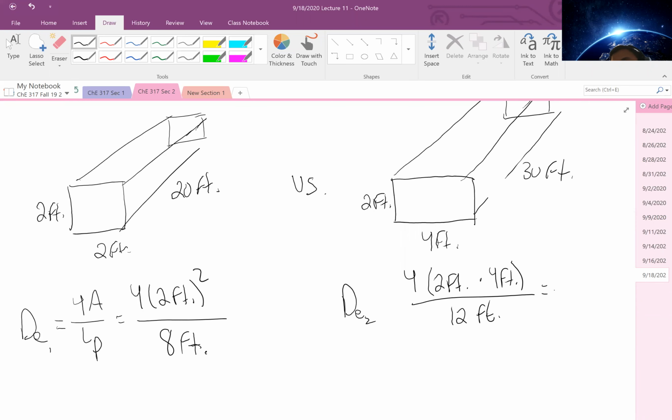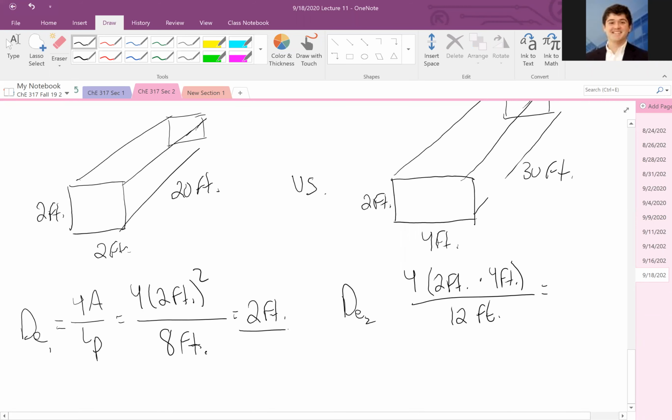So for the first system, we get an effective diameter of 2 feet. For the new system, our effective diameter will be slightly larger at 2.67 feet.